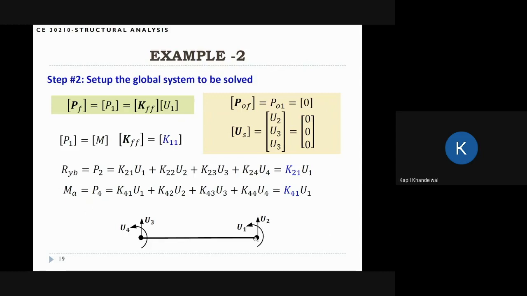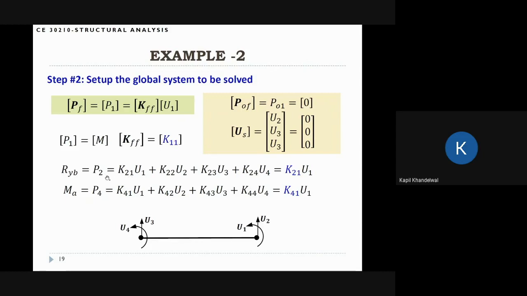If you also want to find the support reactions, like at 2, RYB is the vertical reaction here. This is just P2. So if you think carefully, the equation for P2 is K21U1 plus K22U2 plus K23U3 plus K24U4. But because U2, U3, U4 are all 0, we don't need all these stiffness coefficients.